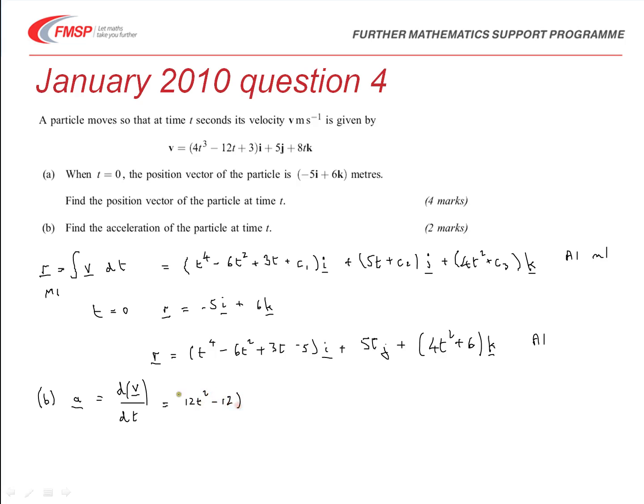Differential of 3 is 0. So that gives you the components of i. Differential of 5j, well the differential of 5, since it's a constant, is 0. And then finally the differential of 8tk, well the differential of 8t will just become 8. So 2 marks, 1 mark for realising that you've got to differentiate it, and then 1 mark for the accuracy of your answer.